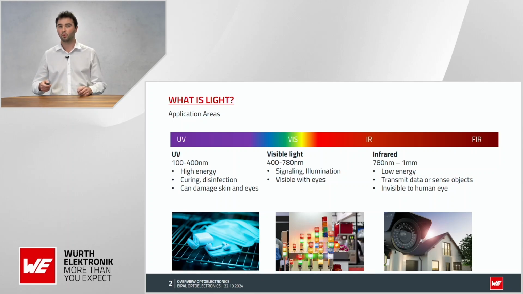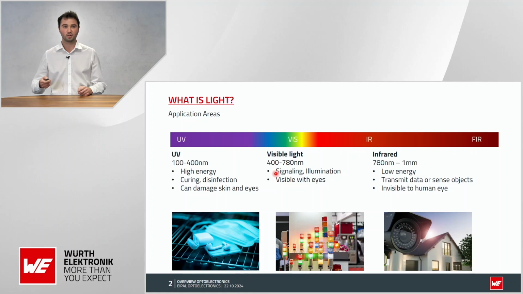Most of you know visible LEDs: they emit light that we can see with our eyes. Visible LEDs emit light in the wavelength range of 400 nanometers to 750 nanometers.